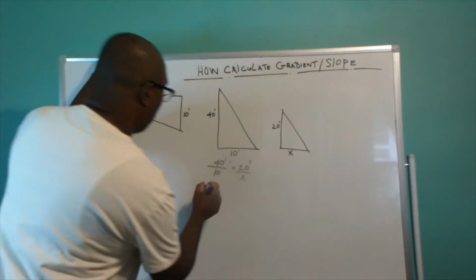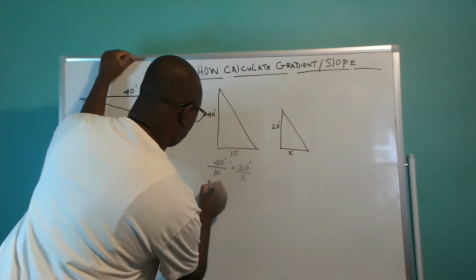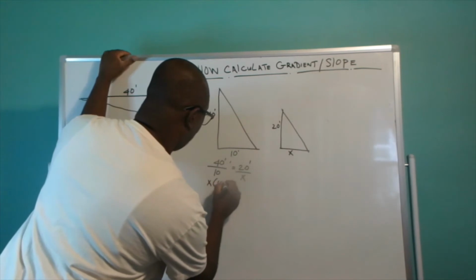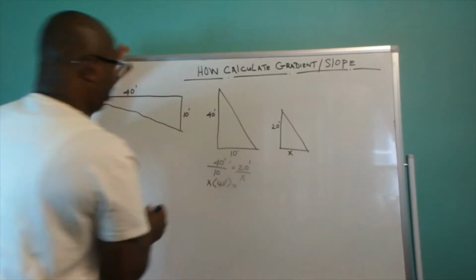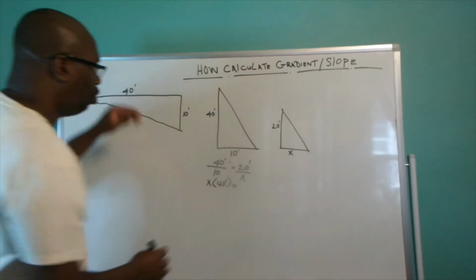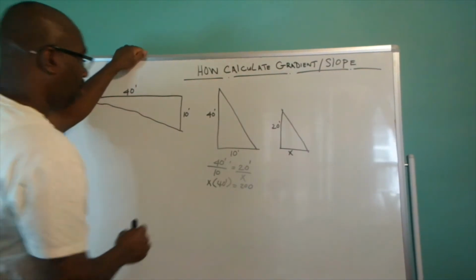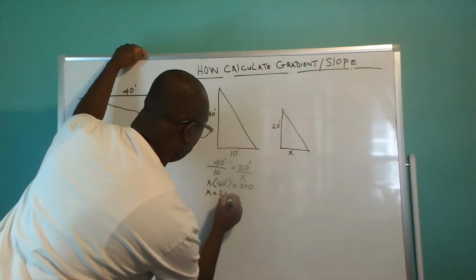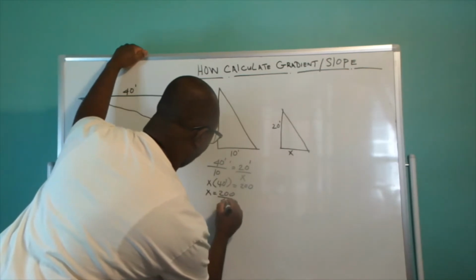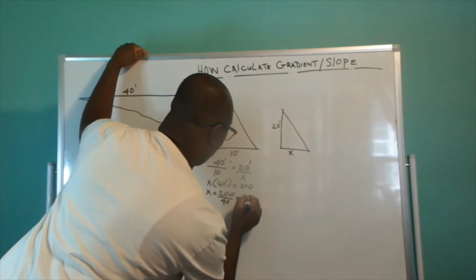So if we cross multiply, we are going to have x bracket 40 feet equal to 200, because 10 times 20 is 200. So we solve for x, so x is going to equal 200 divided by 40, and that is equivalent to 5 feet.